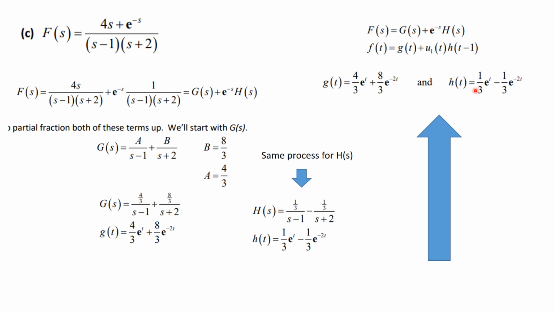And again, this was what we had for h, this is what we have for g. So let's talk about what the solution is. The solution is going to be 4/3 e to the t plus 8/3 e to the minus 2t plus the Heaviside step function times 1/3 e to the t minus 1 minus 1/3 e to the minus 2 times t minus 1 in the exponent.